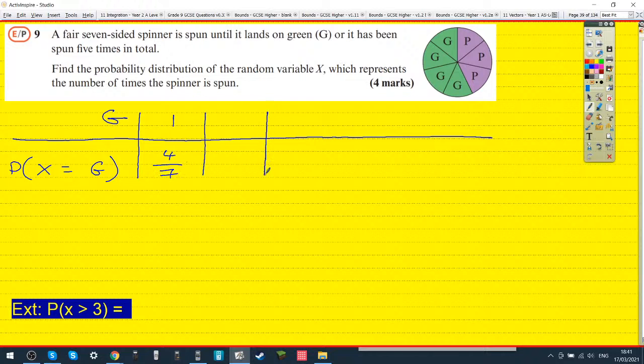Could be spun twice, should be 4 over 7 times 3 over 7, which is 12 over 49 on the bottom. Yep, 49.